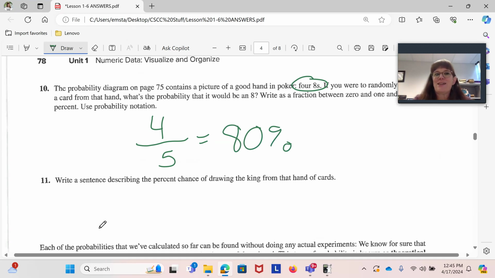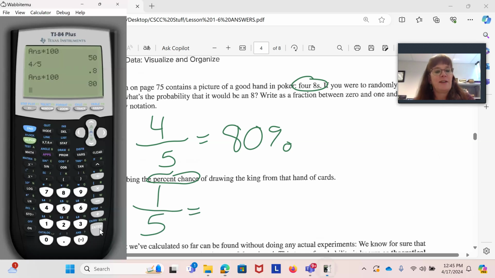11 looks at the other side of that. What's the probability of pulling a king out? And they do want it in percent. Again, that's going to be important when you do your homework to notice what they're asking for. There is 1 king in that hand out of 5 possible cards. If I take 1 divided by 5, I get 0.2, and then I'm going to multiply that by 100 to turn it into a percent, and I get 20%.